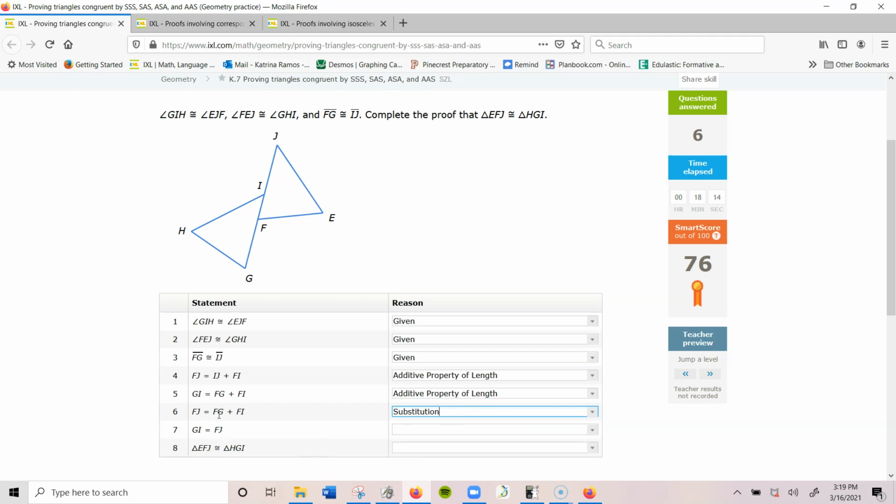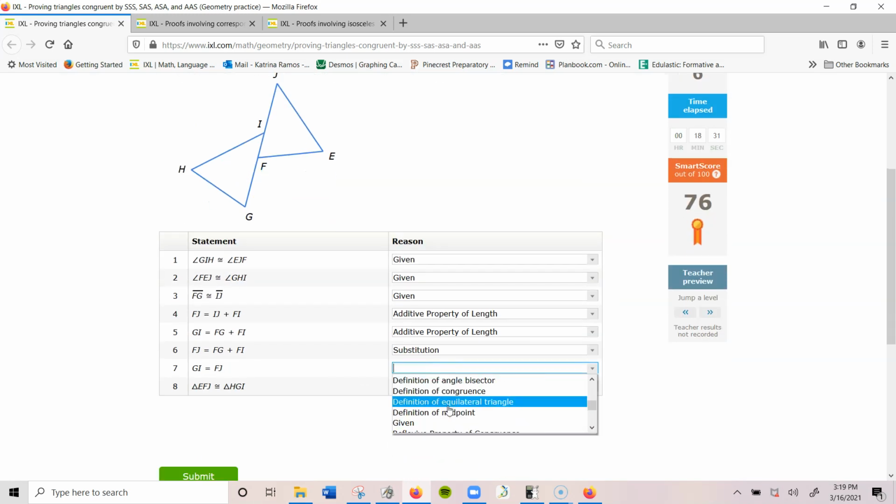So this is substitution. Now, because these two now are equal, see how GI and FJ are the same. If you have two statements that are telling you about two different things equaling the same thing, then that means that this is the transitive property of equality. An equality because we're using the equal sign and not the congruent symbol.